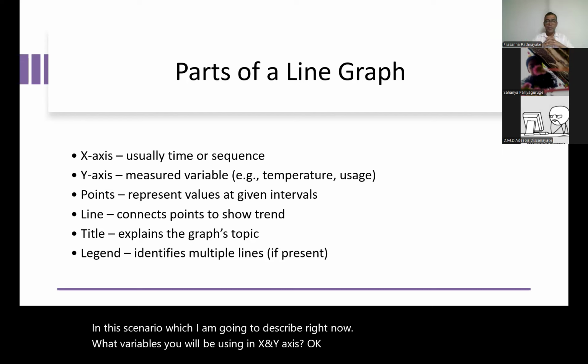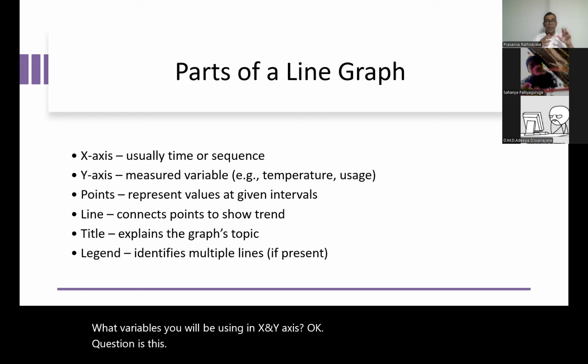Question is this. It's about the popularity of a particular celebrity, which goes up and down over months or years. So imagine it's the popularity of Shah Rukh Khan during the last 15 years.